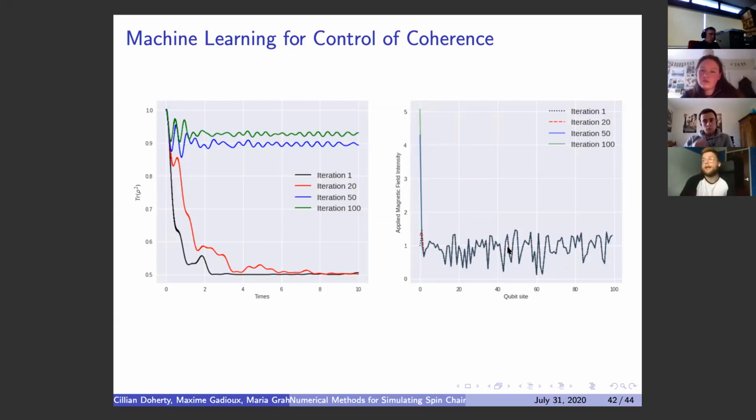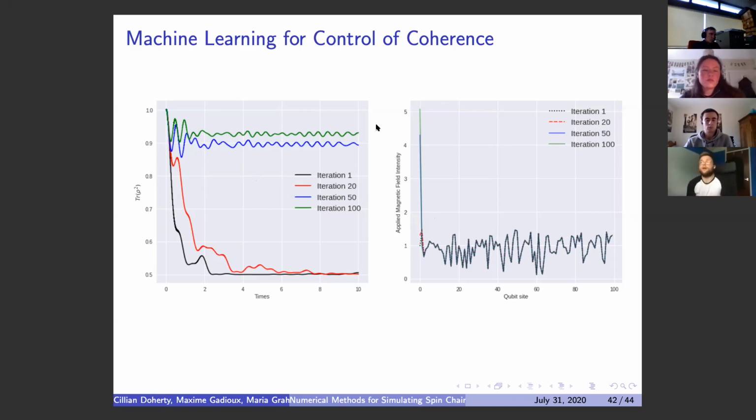It appears that the algorithm opted to only change the magnetic field intensity at the first qubit to attempt to maintain purity, which is actually a very interesting behavior to see, because this is a conversation the 4 of us had previously had with Shane about this idea of if we were to increase the magnetic field in strength on the first qubit, it might develop the behavior of becoming dynamically decoupled with the rest of the system, which is what we believe we see is happening here, because the coherence is not being lost to the rest of the qubits.